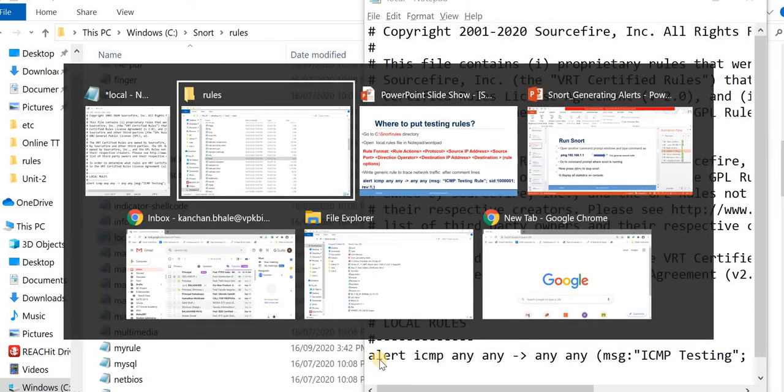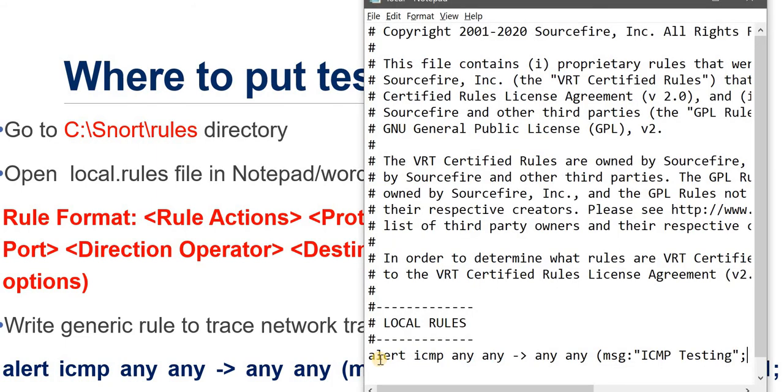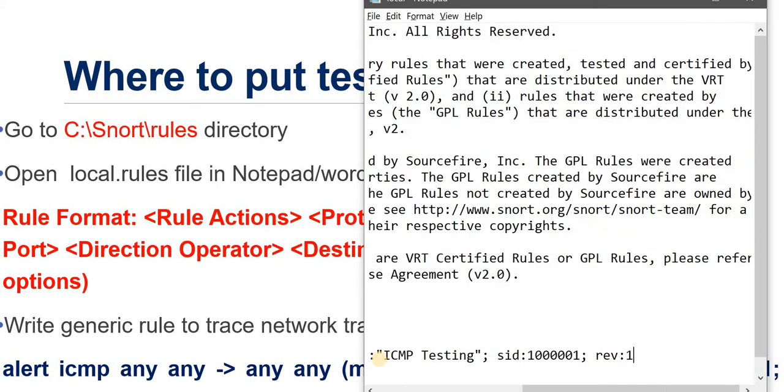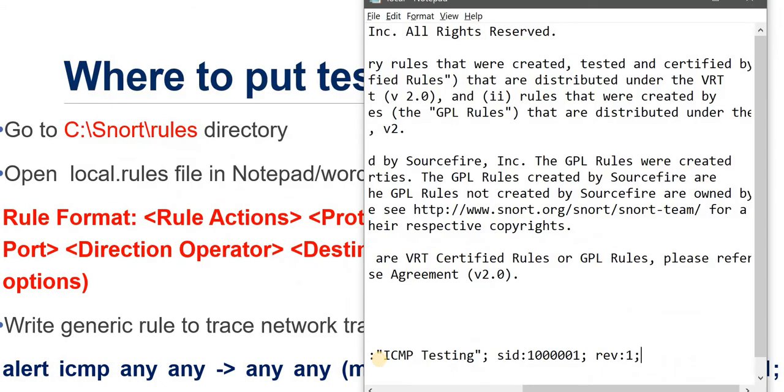We'll see the format. What is the format? It's a semicolon, then there is a space, sid. Give the SID number. You can give any SID number. Then revision number, and again you have to give the semicolon. So after everything you have to give the semicolon and then close the bracket.